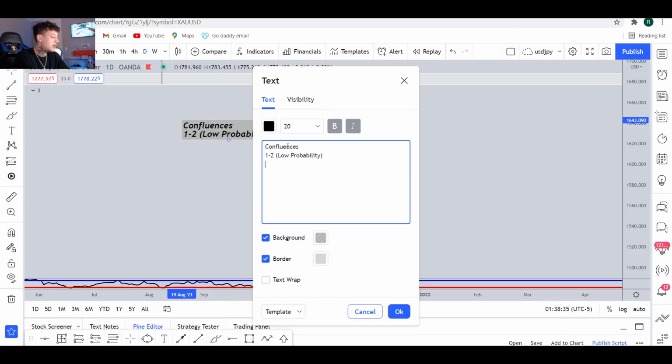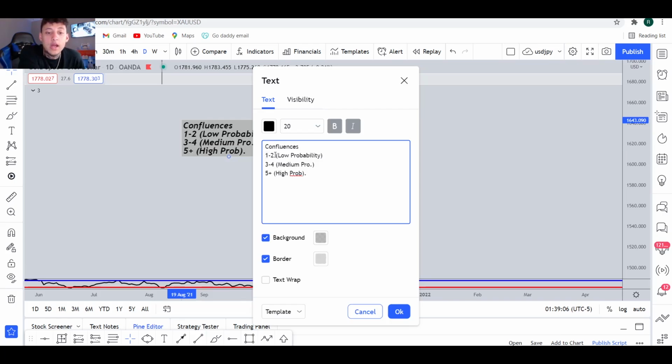Now, when we have 3 to 4 confluences, we have a medium probability trade. And when we have 5 plus confluences, we have a high probability trade, right?